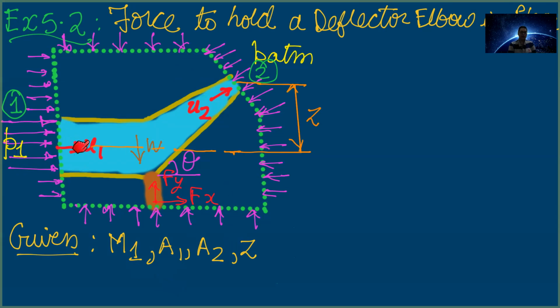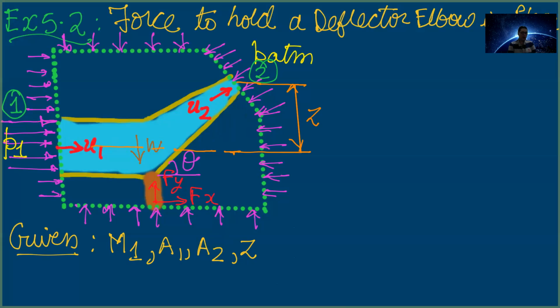This is the center line of the pipe, and this is the exit of the deflector. So the difference in the elevation between the inlet and the outlet of the control volume is Z, which is also given to you.